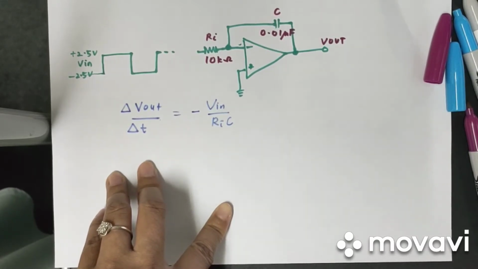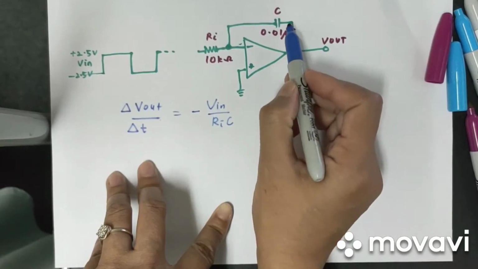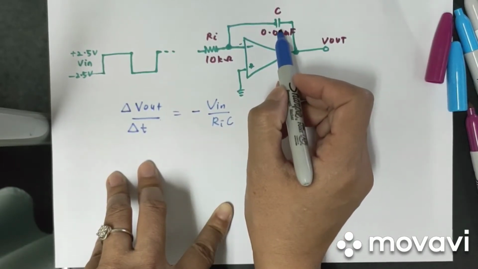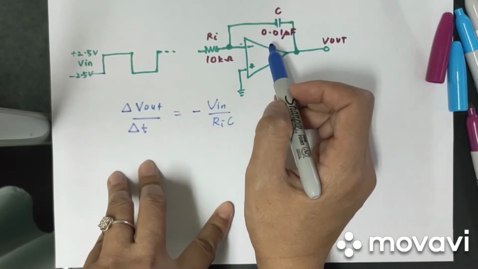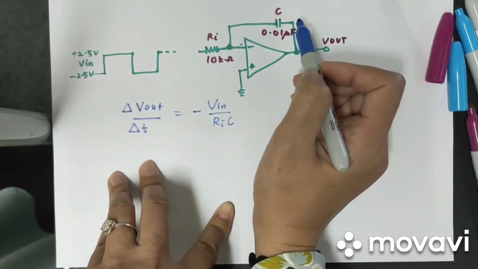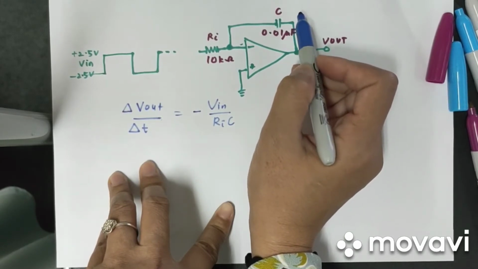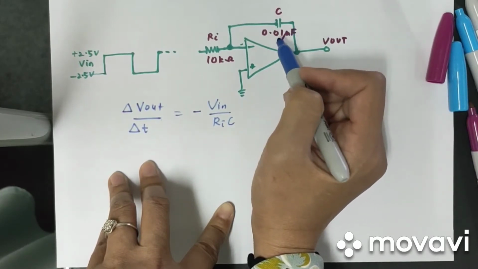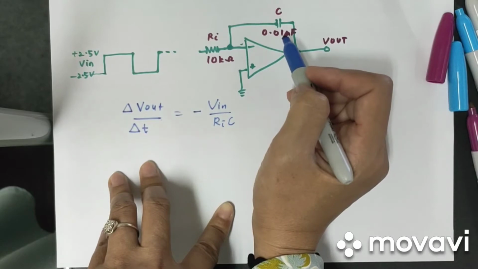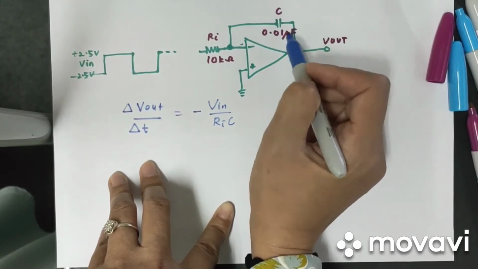In this question it is said to be an ideal integrator because the feedback here is only a capacitor. Another one is the practical integrator. If we refer back to our last lecture, what is the difference between ideal and practical? The difference is the feedback here.